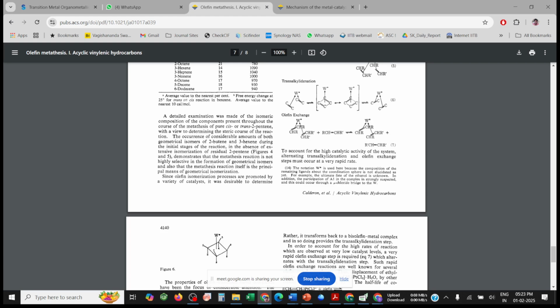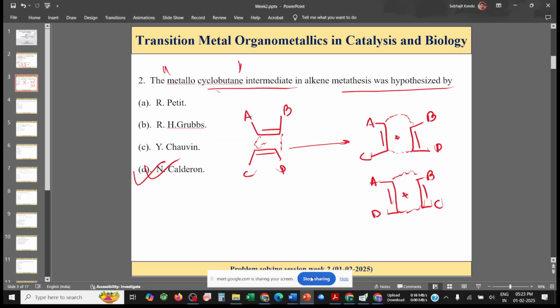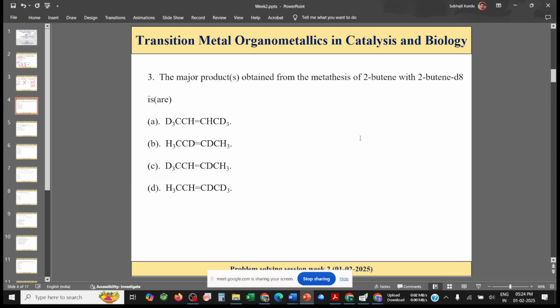So this is the original paper. His hypothesis was that Chauvin gave the cyclobutane intermediate formation. So this is the second question. The third is the major product obtained from the metathesis of 2-butene and butene-d8.